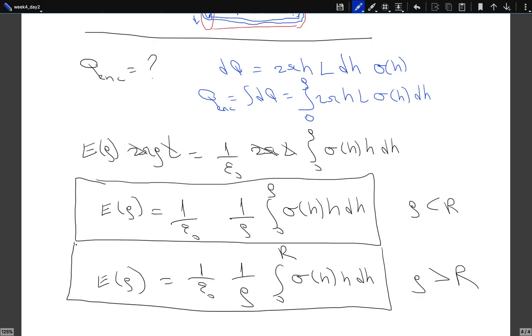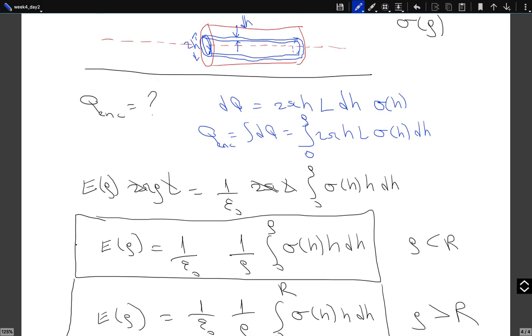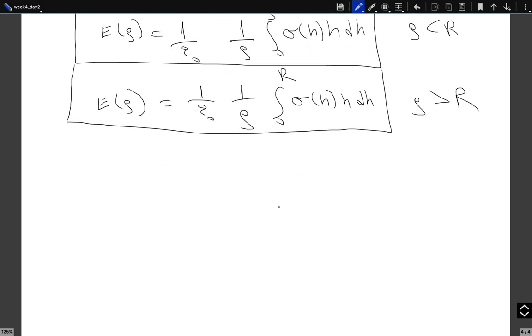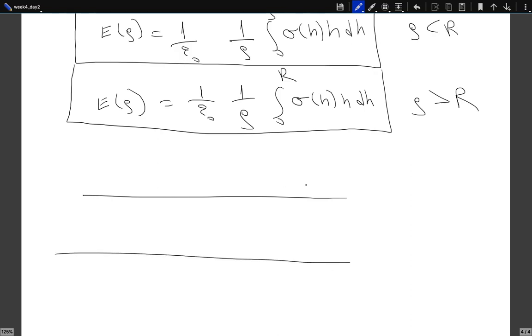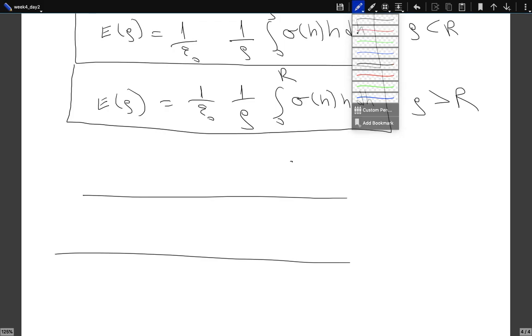Why did we write it like that? Not the integral. The integral? Well, let me sketch it. This is my wire. I'm looking at the electric field at some point outside the wire. So I imagine such a Gaussian surface.